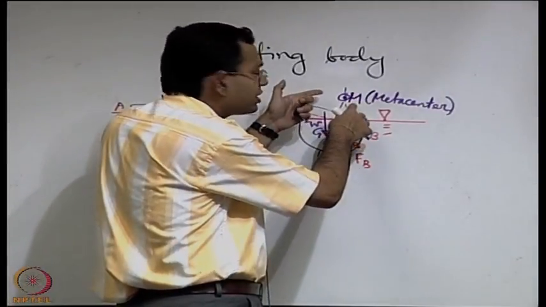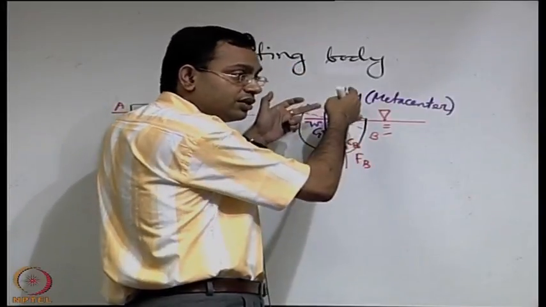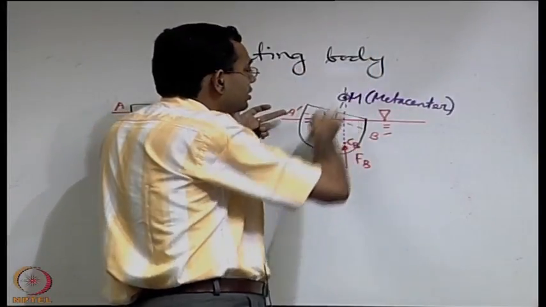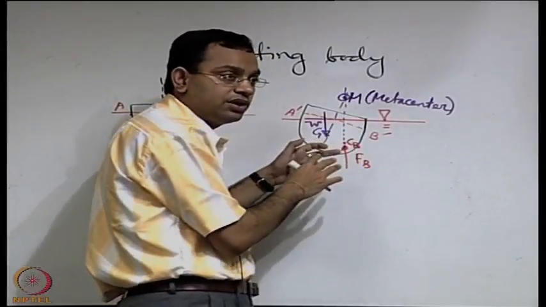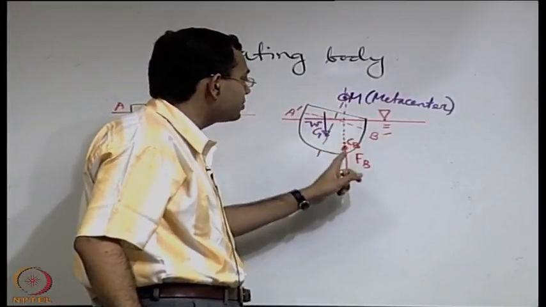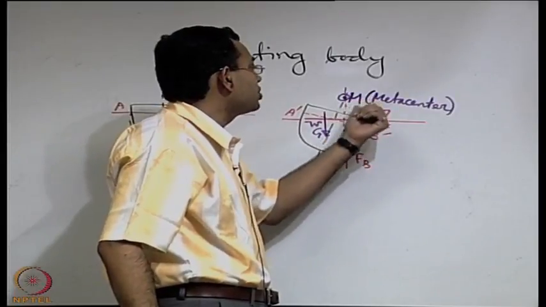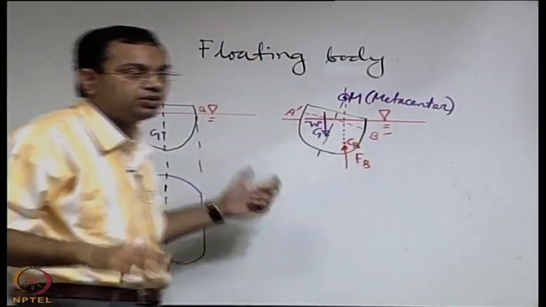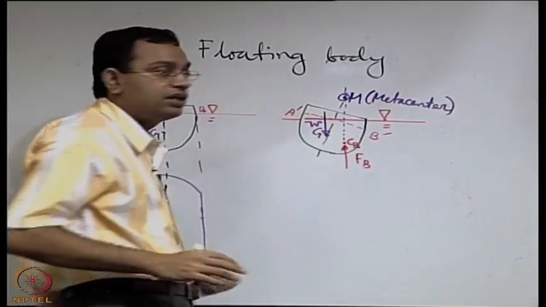So the metacenter somehow reflects the location of the center of buoyancy with respect to the axis of symmetry of the body. So it has some relationship with the center of buoyancy definitely, but by specifying the metacenter or by specifying the center of buoyancy just as their absolute locations, it is not possible to talk about the stability criterion. So we have to look into more details.